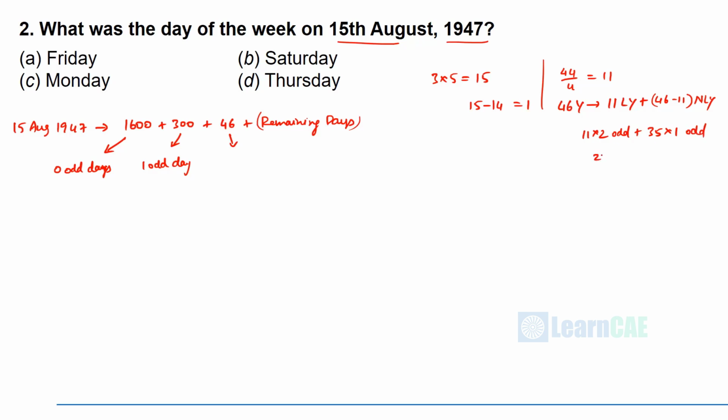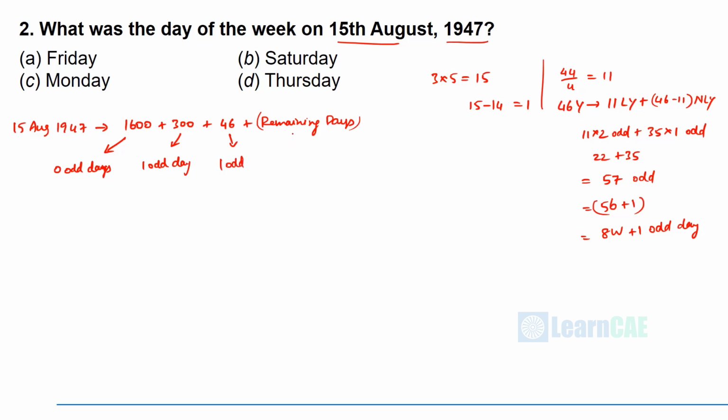This is nothing but 22 plus 35, which is equal to 57 odd days. Okay. Next, 57 can be written as 56 plus 1 odd day, because 56 is a multiple of 7. 7 8s are 56. Therefore, 8 weeks plus 1 odd day. Therefore, in these 46 years, there is only 1 odd day.